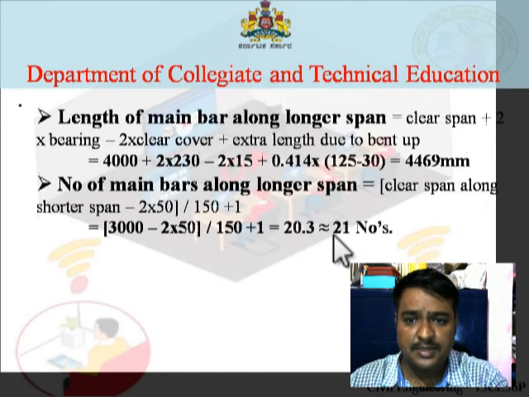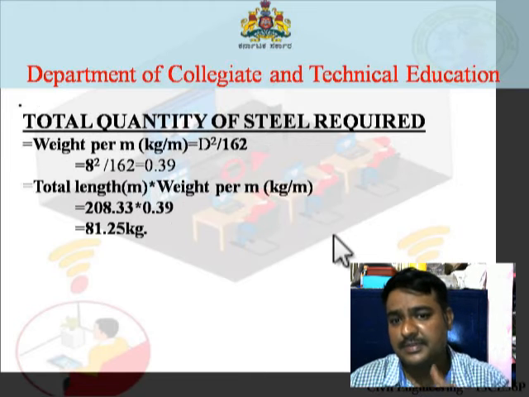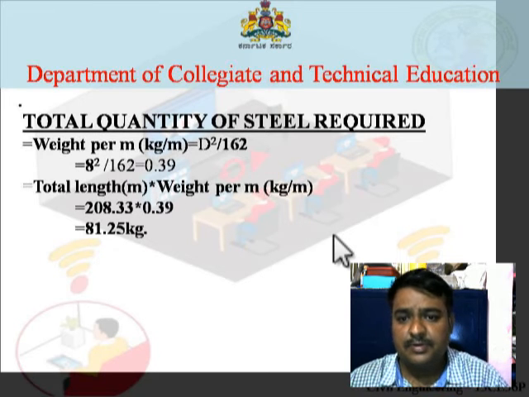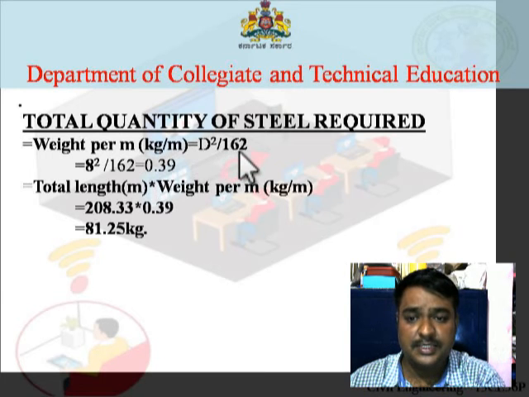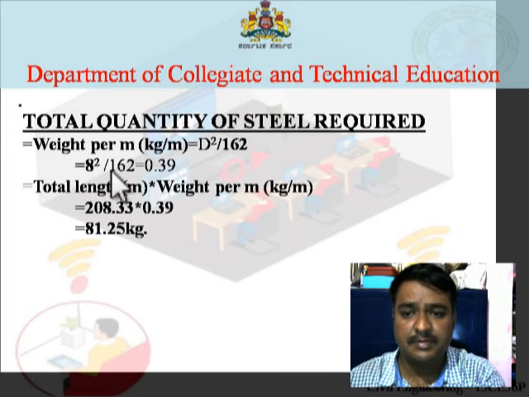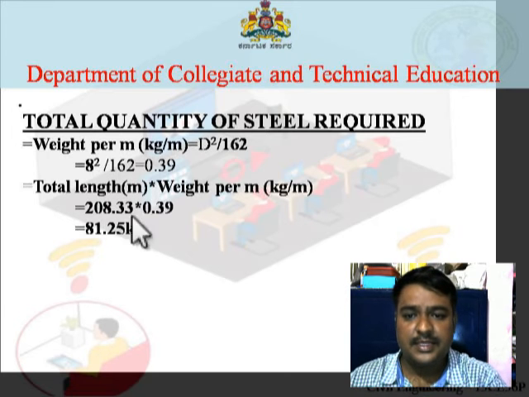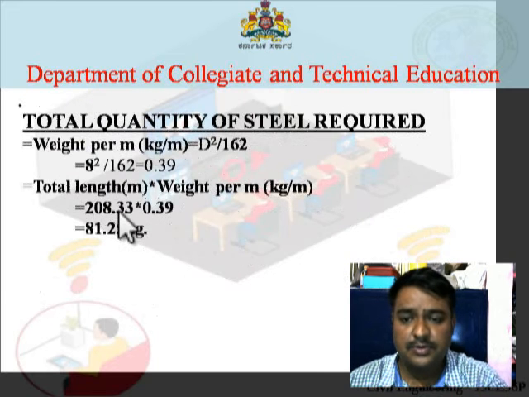So then by using this data we will calculate quantity of steel required. First, weight per meter is calculated by using this formula: D square divided by 162. D square is 8 square, 8 is the diameter of the bar, divided by 162. It is equal to 0.39, and total length into weight per meter. Total length by adding those two, we will get 208.33.